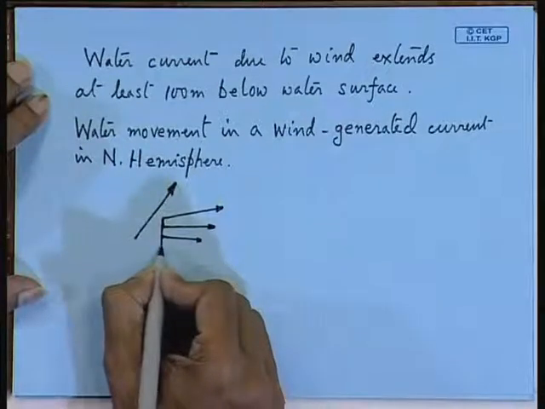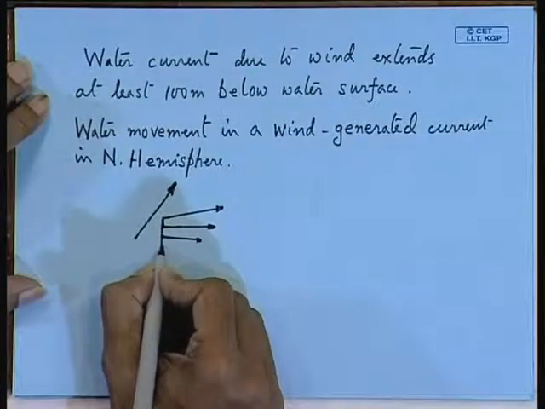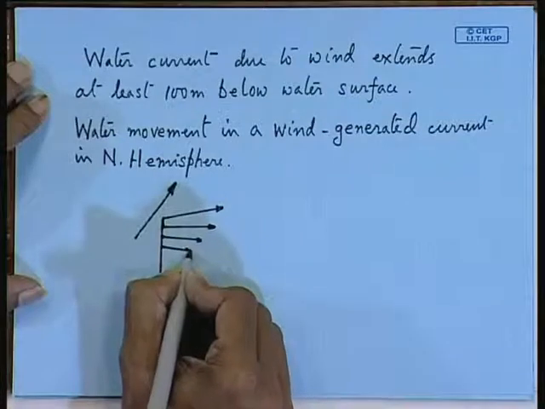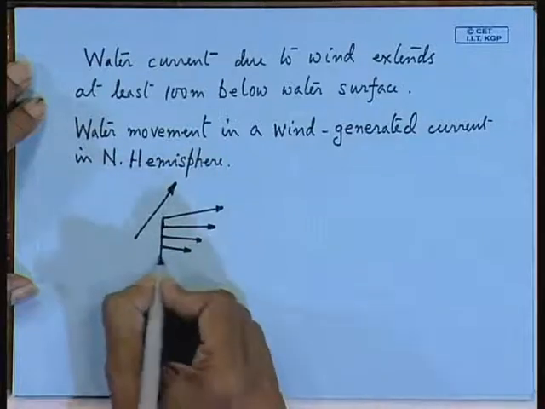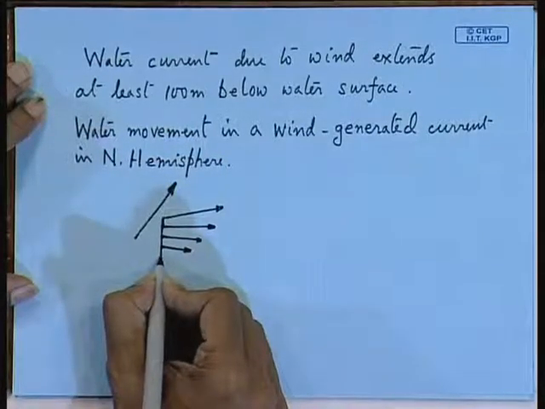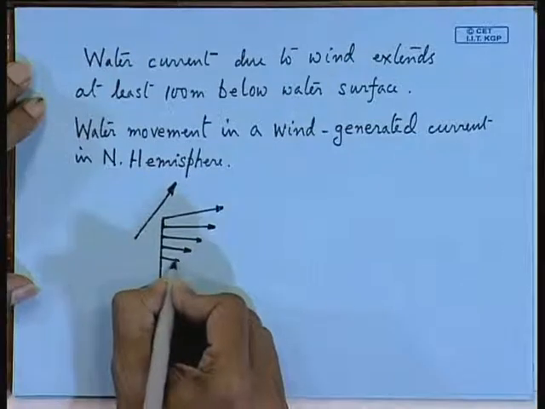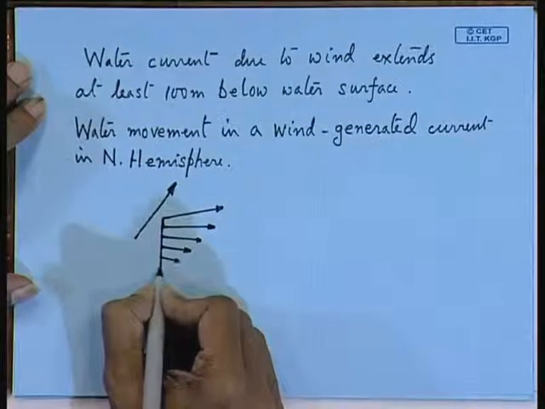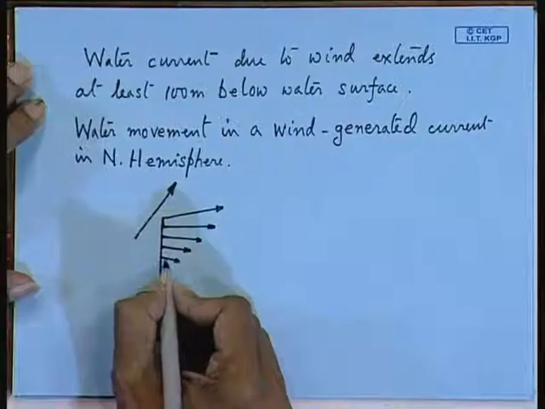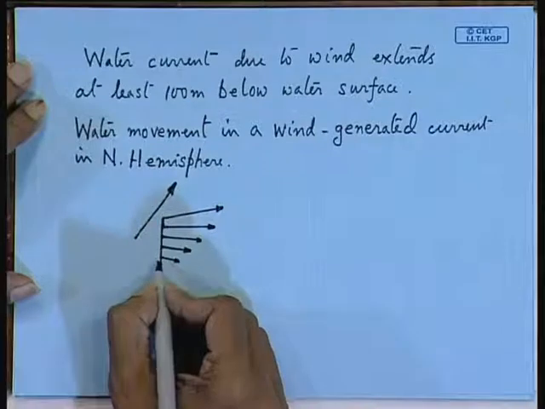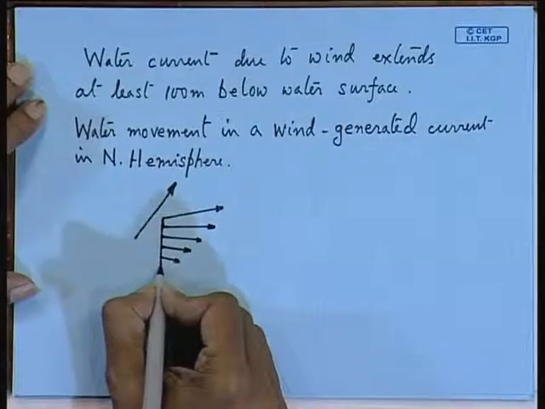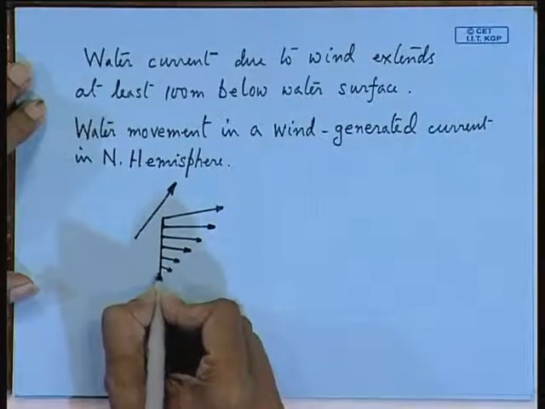As you go deeper down into the ocean, the current vector actually diminishes in size. Now, you go on down below, and after a certain depth, say 100 meters, that is the influence of the wind, you will literally find the direction of current is opposite to your surface current.